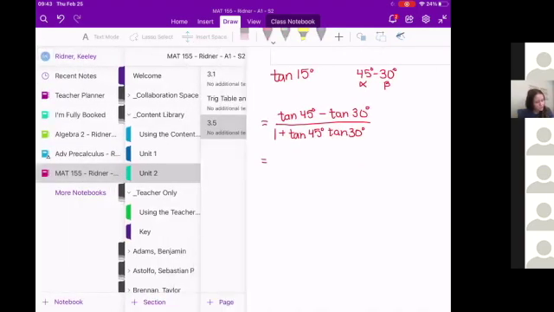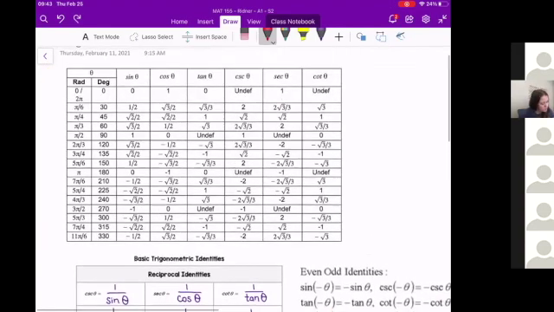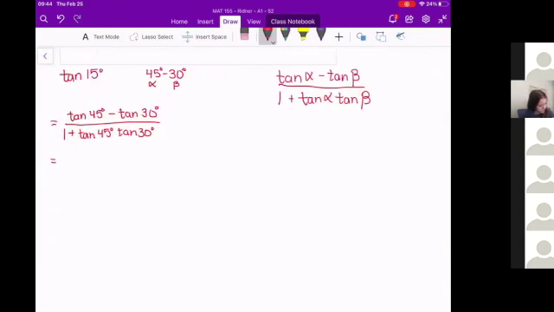So if you need to take a second, look at your trig table. All right, tangent of 30 is square root of 3 over 3. Tangent of 45 is 1. Okay, if we could leave our answer like that, everything would be golden, but we can't.